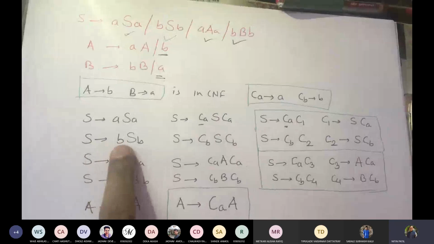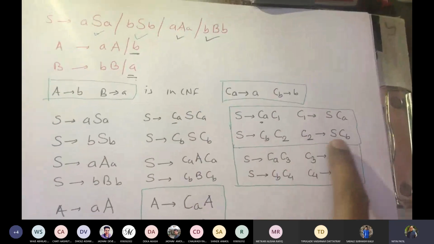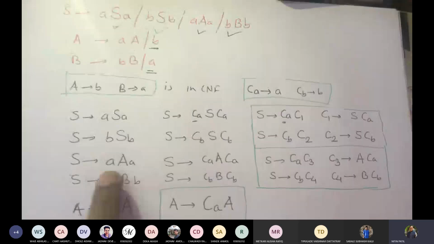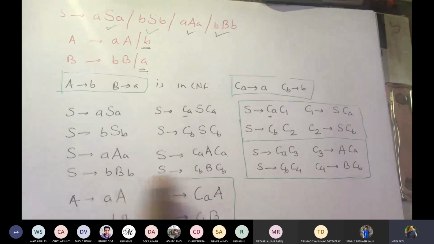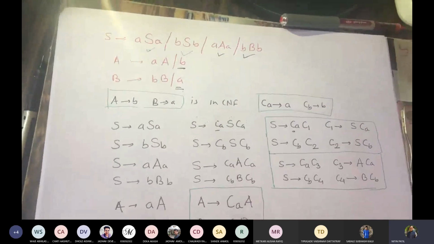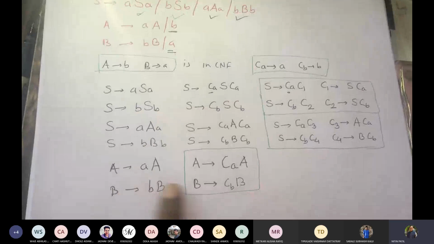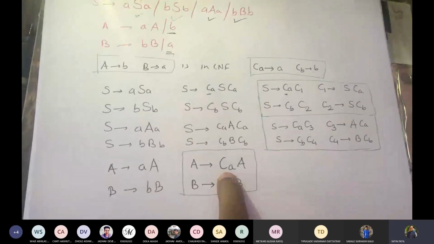Same thing we did with BSB. So we got CBSCB, we got CBC2, C2 gives SCB. Same thing we did for AA and BBB. Next, we took the remaining productions of A and B. So we got A gives a, B gives b. Then we replaced the occurrence of a and b by the newly introduced variables CA and CB.